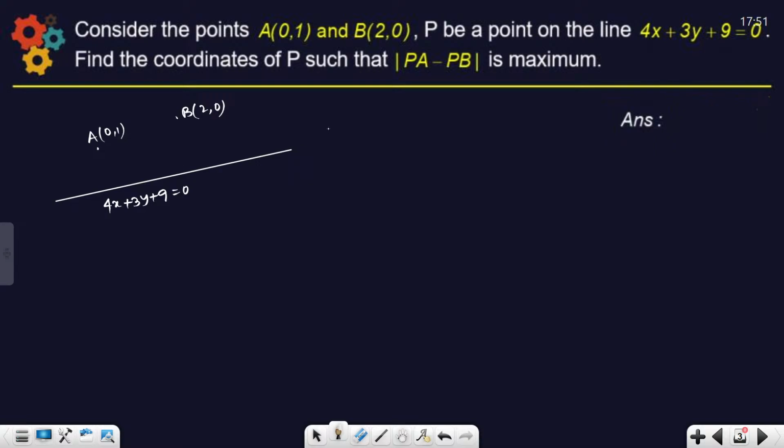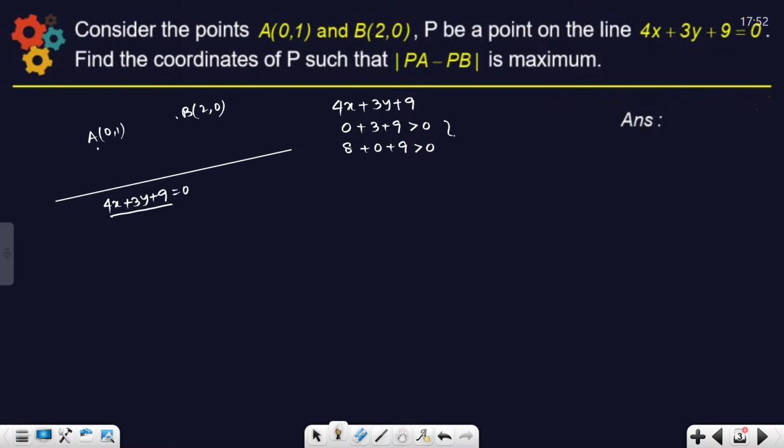In this case, it is very clear that if we put the point A in the given expression 4x plus 3y plus 9, putting (0, 1), we get some value which is greater than 0. And if we put (2, 0), again we get a value greater than 0.